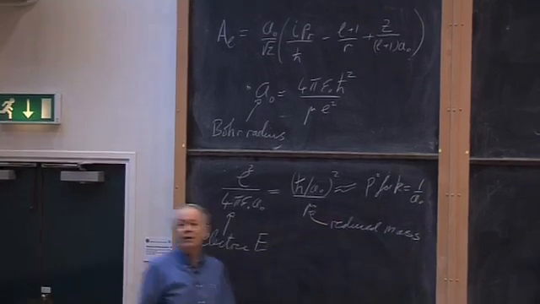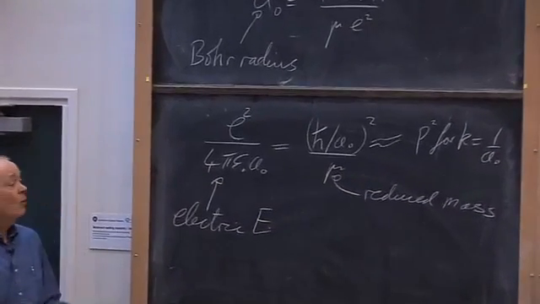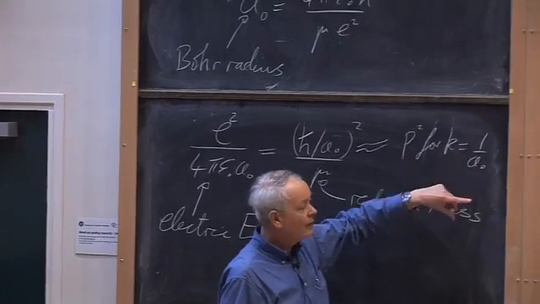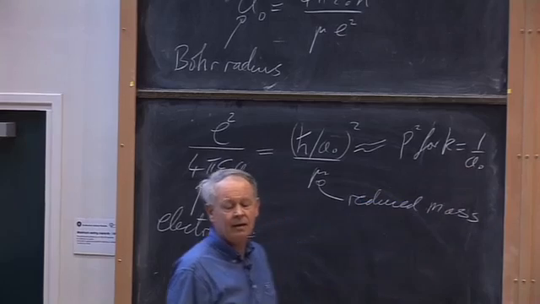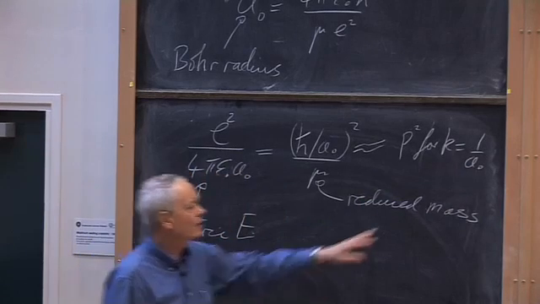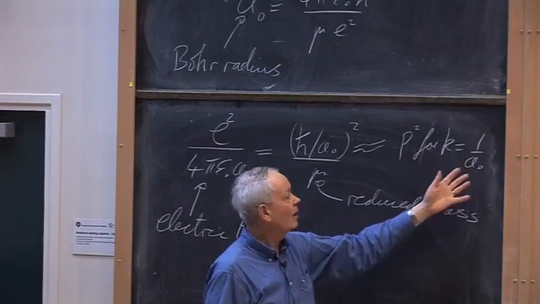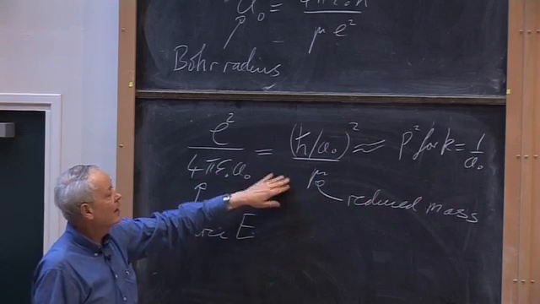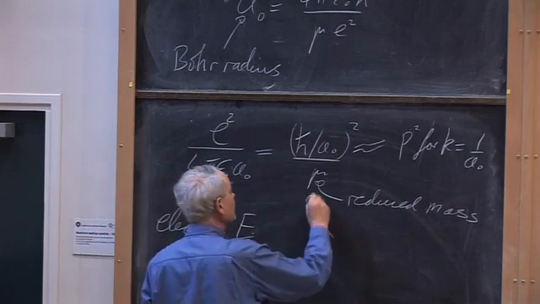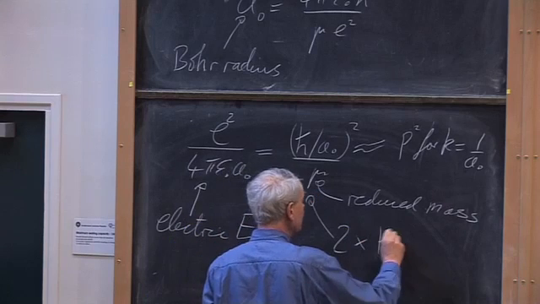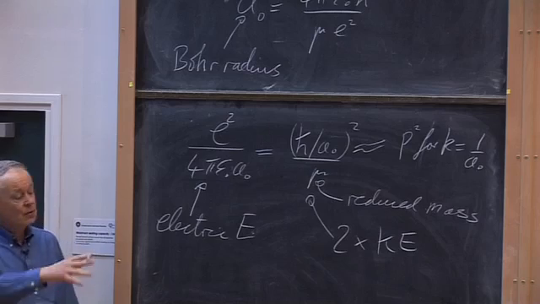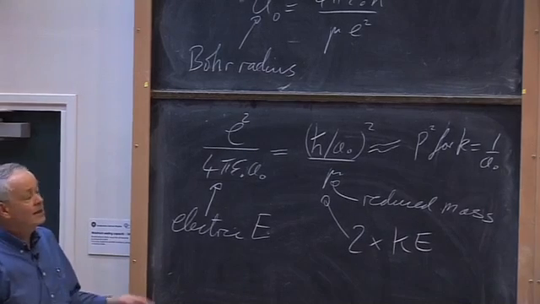So if you have a wave which has a wavelength comparable to this scale radius here, not worrying about 2 pi's at the moment, then what you have on the right here is, so this side is 2 times kinetic energy associated with a particle which has a wavelength on the order of a0.